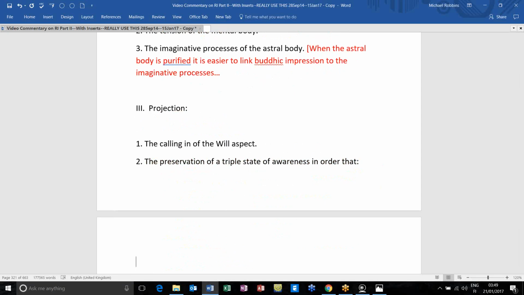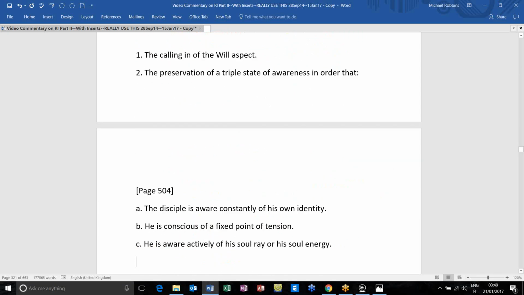The imagination, the retained pool of energies at a point of tension, and a certain word of power. But these are the three he's given. The disciple is aware constantly of his own identity. He is conscious of a fixed point of tension, and he is aware actively of his soul ray and soul energy. So those are the actual three.